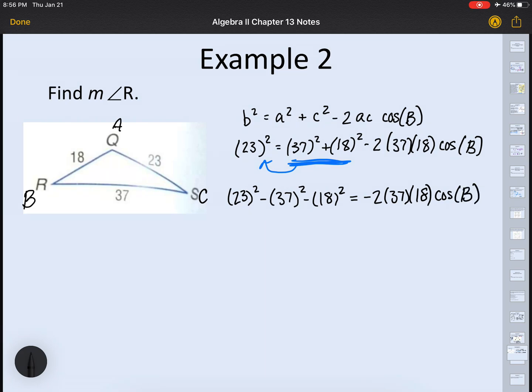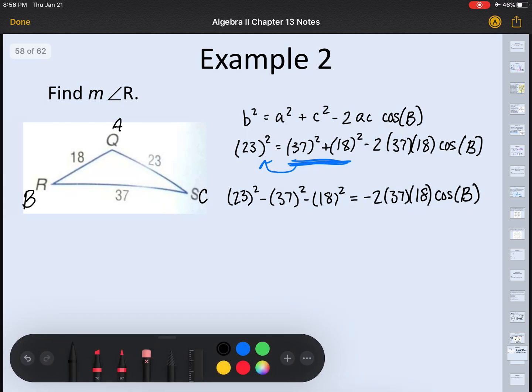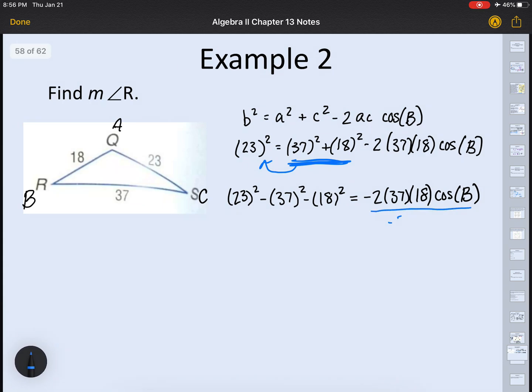Now what I'm trying to do is isolate that cosine of b, so I can do that by dividing both sides by negative 2 times 37 times 18.